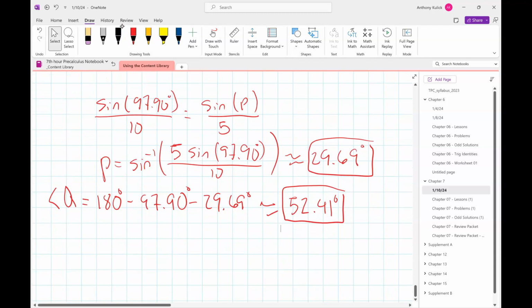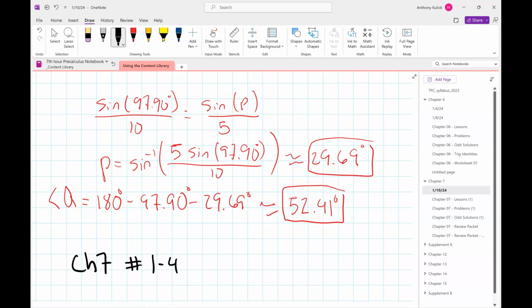It's stopping time for Mr. Kulik. That felt like a lot today. What I'd like for you guys to work on is in chapter 7, you're going to do numbers 1 through 4, and then you're going to do 15 to 22. And from chapter 6, remember we had already assigned 1 through 10.